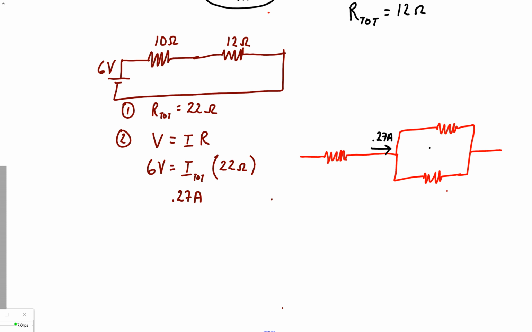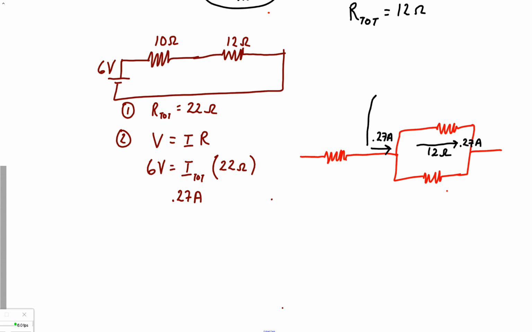We know that those two resistors had a combined resistance of 12 ohms. Well, that means that going through this 12 ohms is what? 0.27 amps.